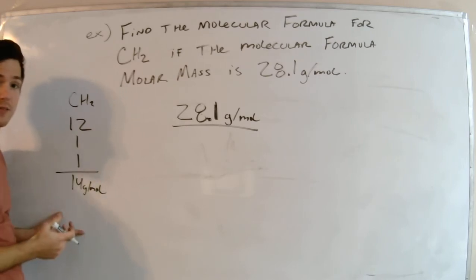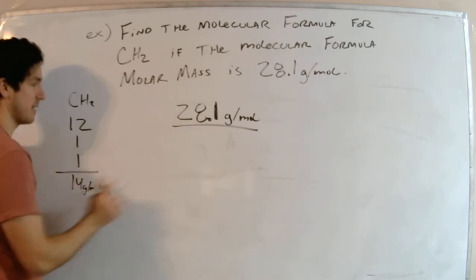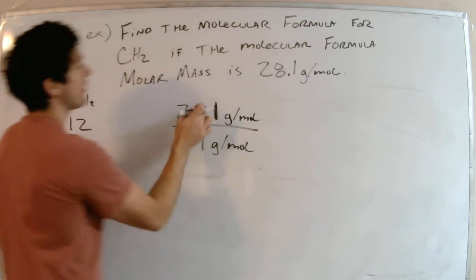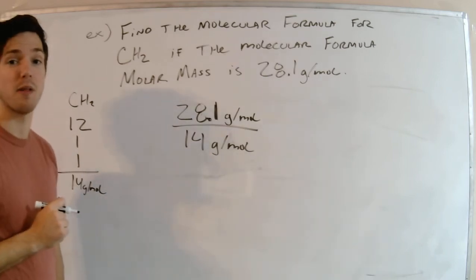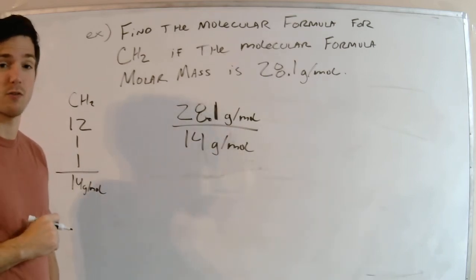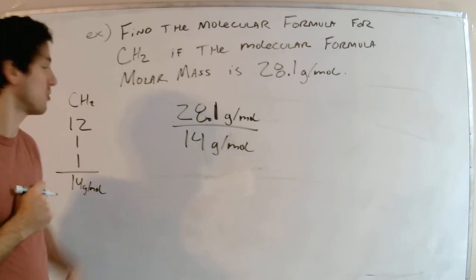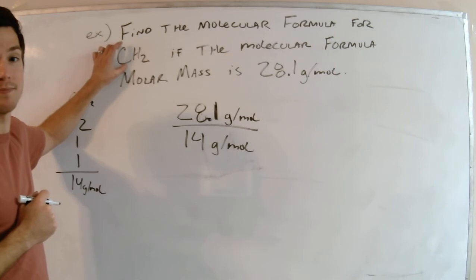So again, all I'm doing is taking that molecular mass and dividing it by the empirical formula molar mass. They will always give you that top number. They will always give you the molecular formula molar mass. There's no way you can find the molecular formula unless they give you the molecular formula molar mass. And you'll just have to find this guy by finding the molar mass of our empirical formula.